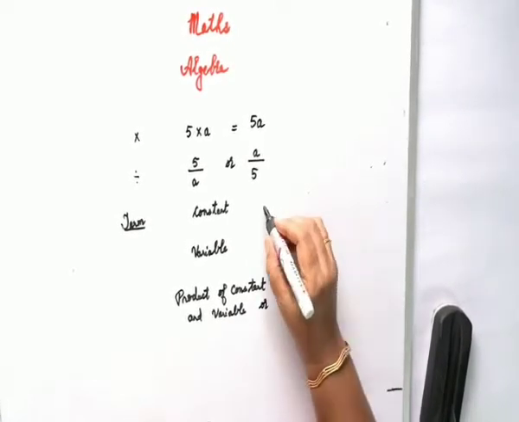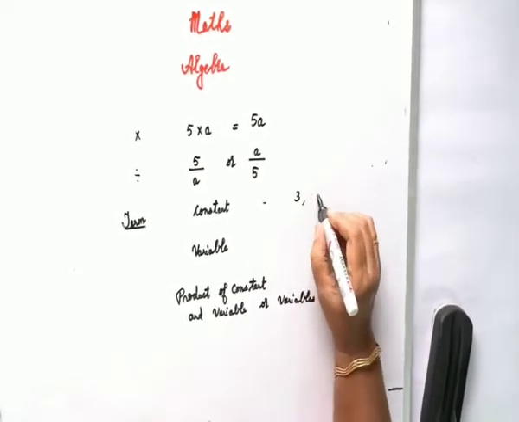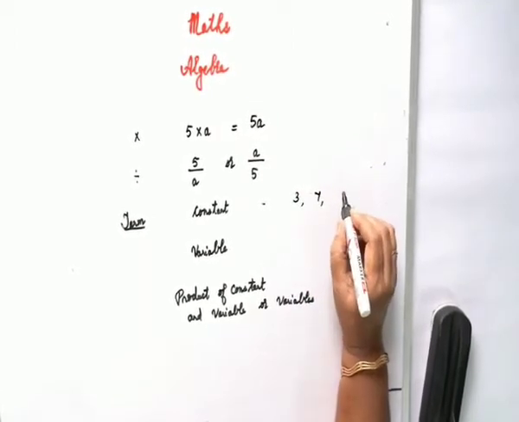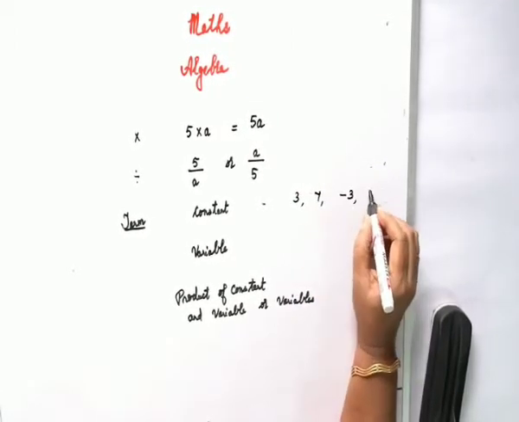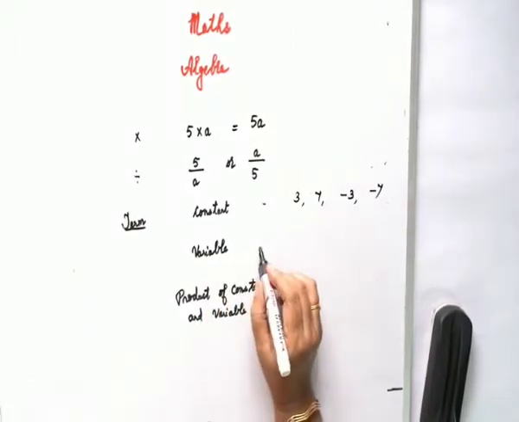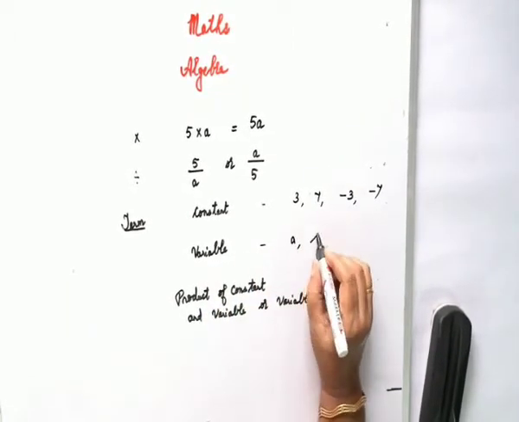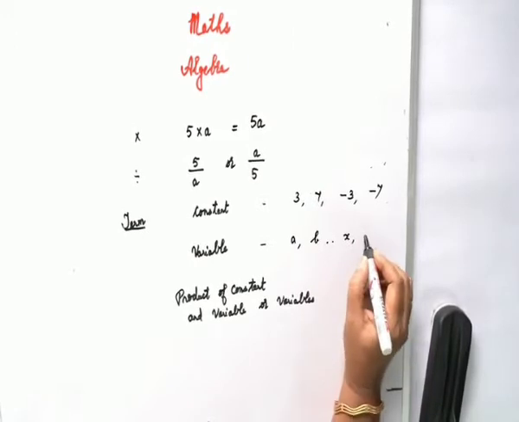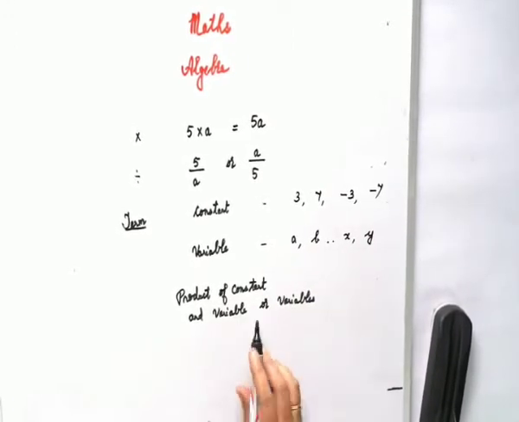Constant: 3, 7, minus 3, minus 7. Variable: a, b, x, y. Product of constant and variable.